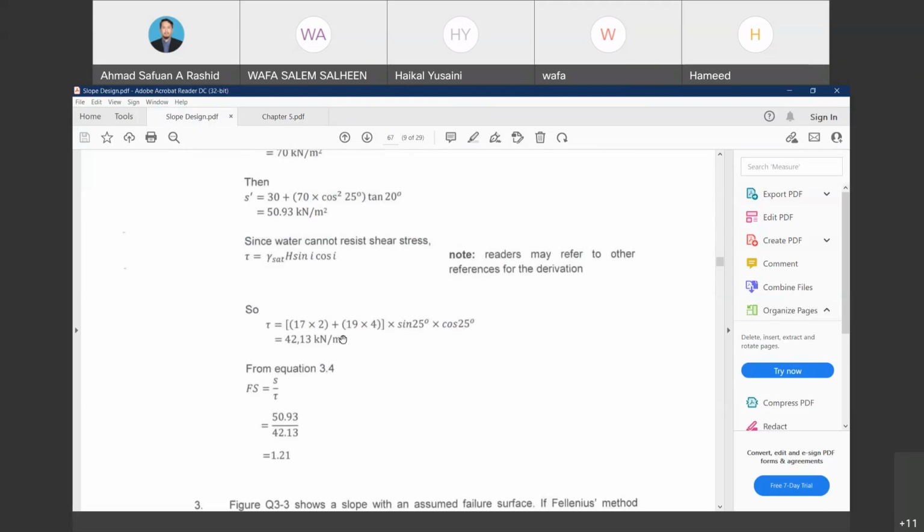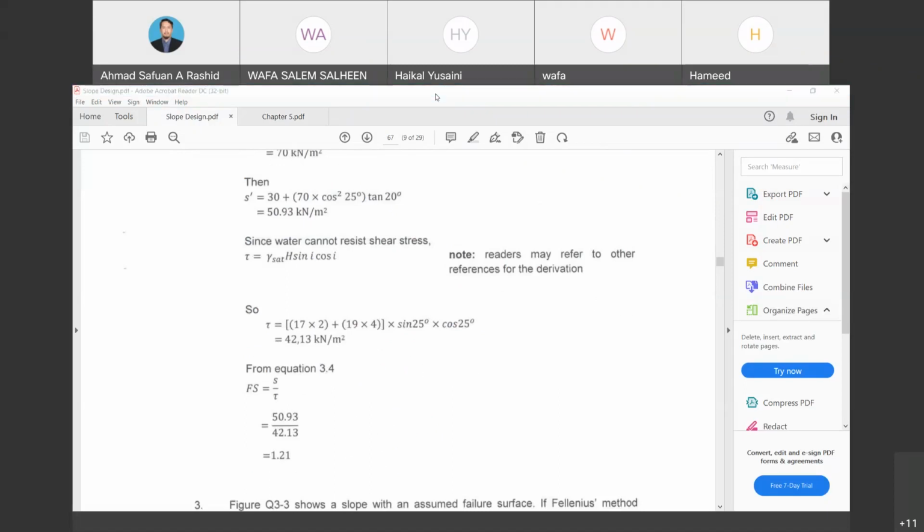So at least you know how to use the M approach, and you can use the direct equation from Dr. Kamarudin. Where the water level is far, we can use the simplified approach.